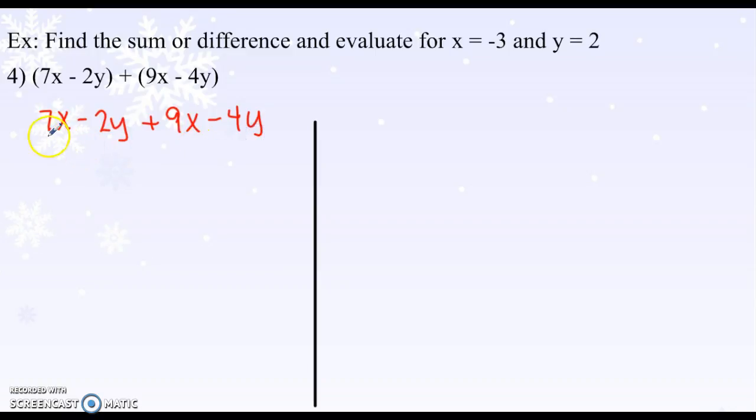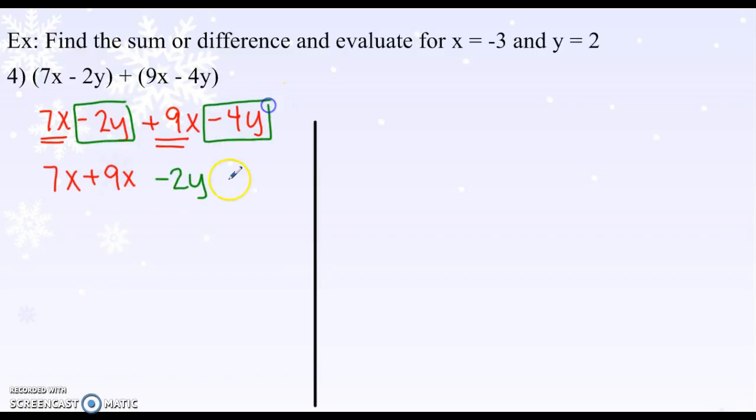And we can organize those by like terms again. 7x plus 9x. We also have like terms of negative 2y and a negative 4y. And when we combine them, we've got 16x minus 6y.